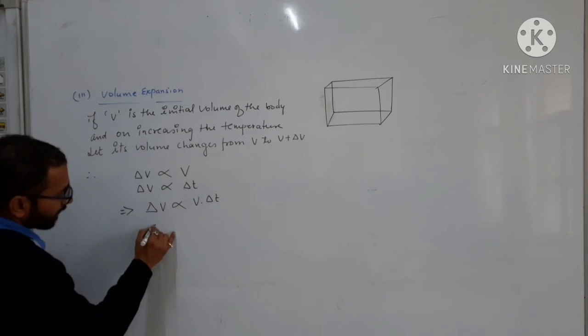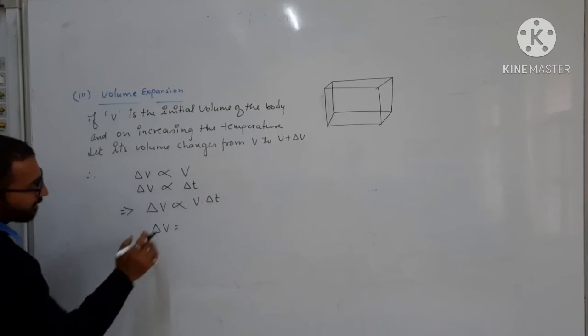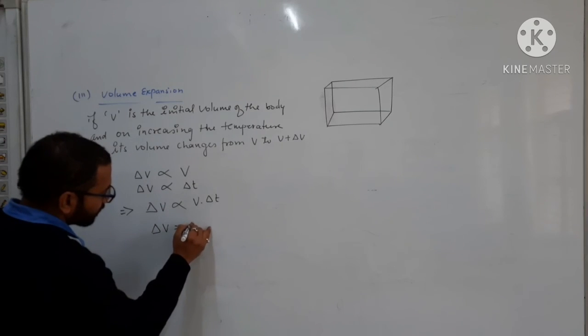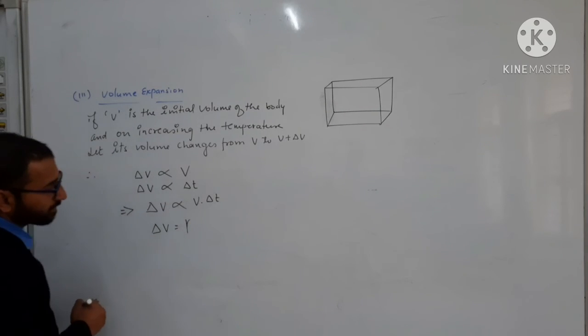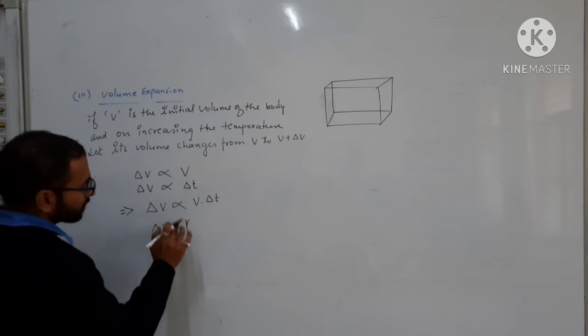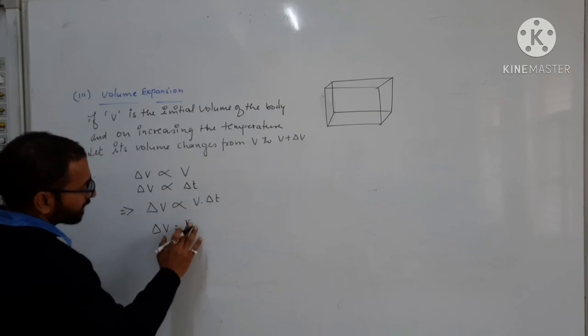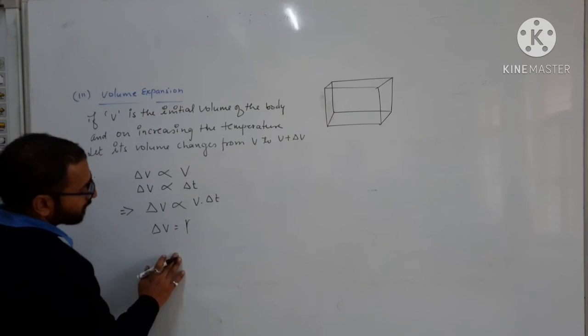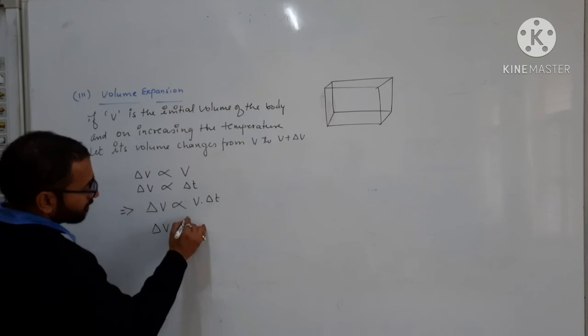Point clear? And delta V, when we want to write it after removing this proportionality sign, I will use the proportionality constant, which is gamma, like this.